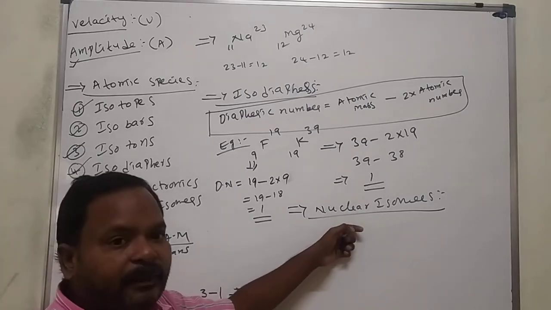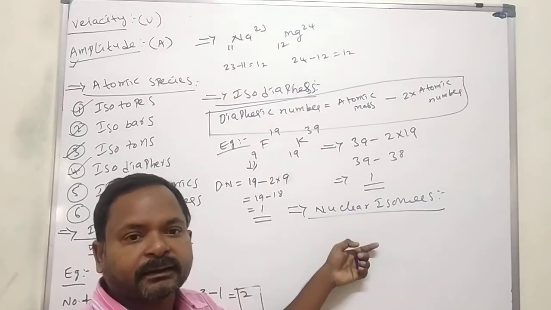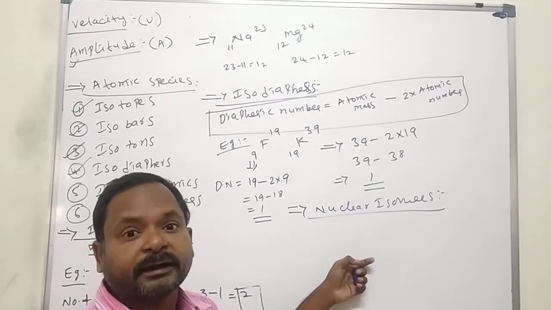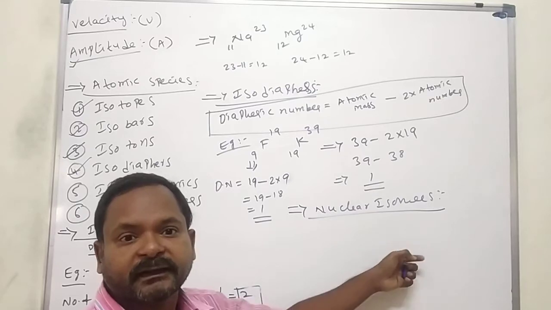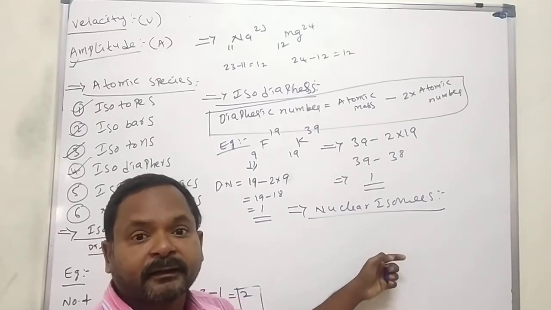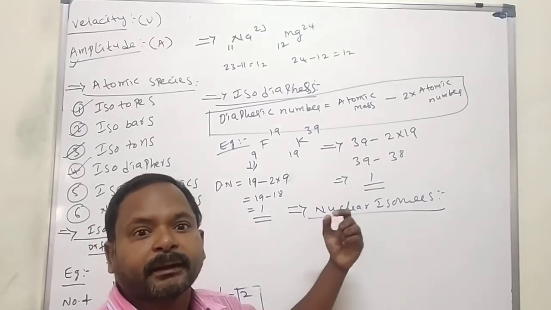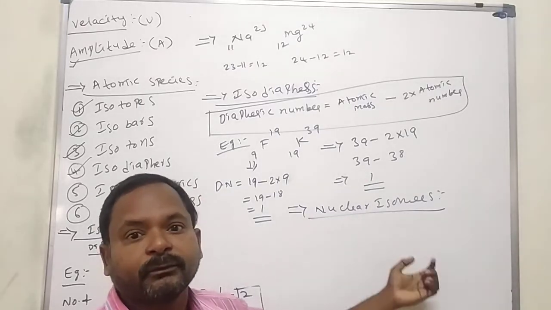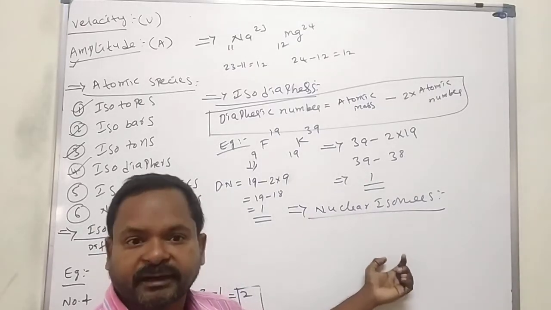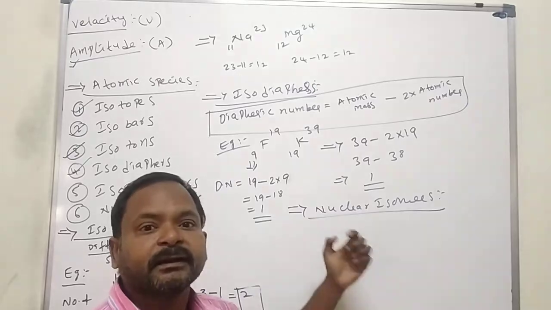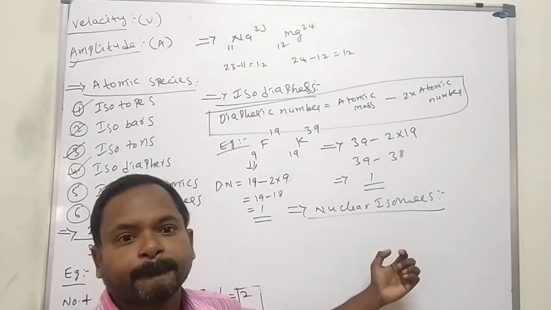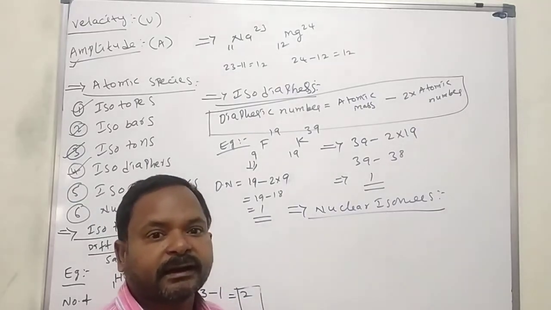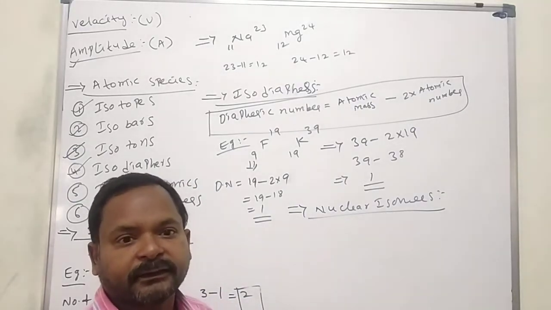Here, the atomic species which have the same atomic number and same atomic mass, but different radioactive life or half-life time, we call nuclear isomers.